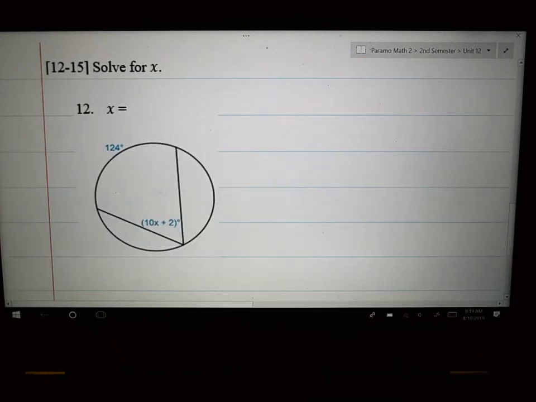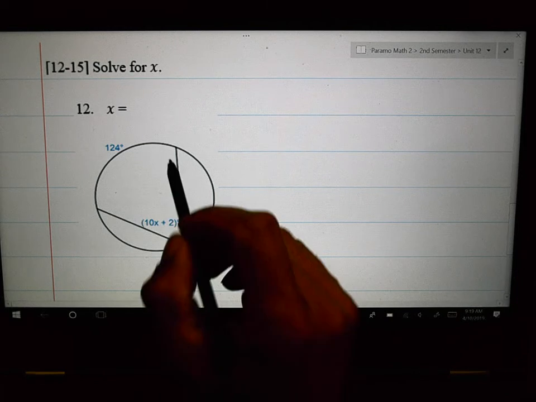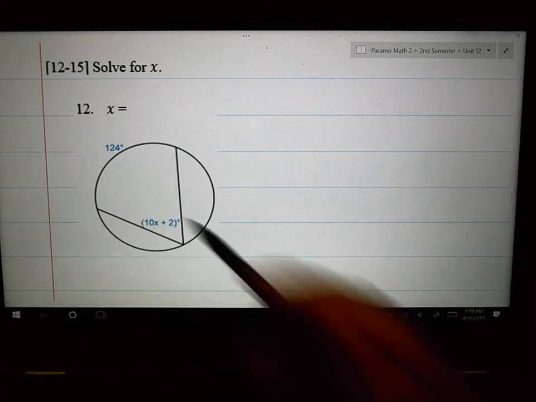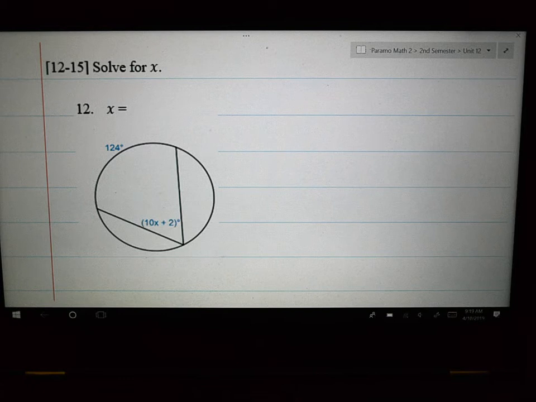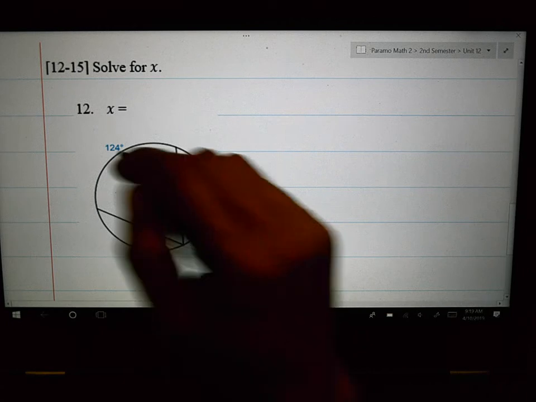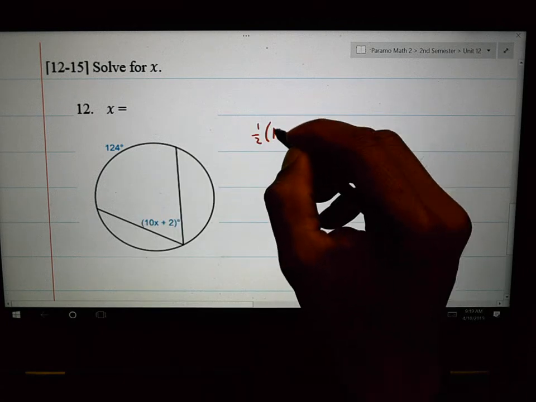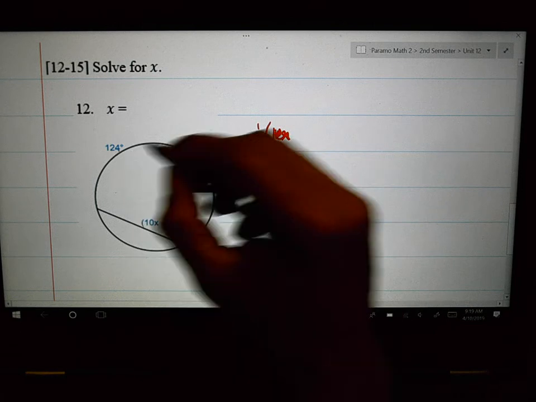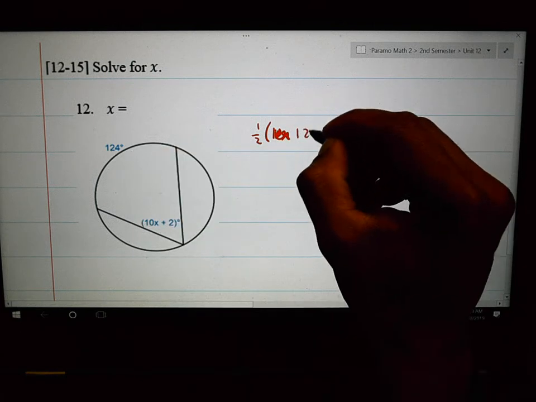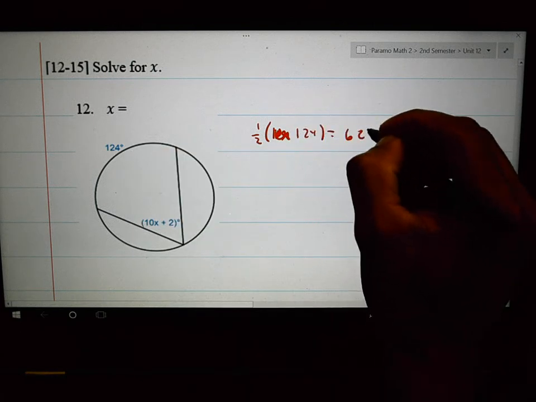Number 12. The arc is 124. They went back to an inscribed angle. Are they equal to each other? No. This is half of that. You can do a half of 124. Half of 124 is 62 degrees.